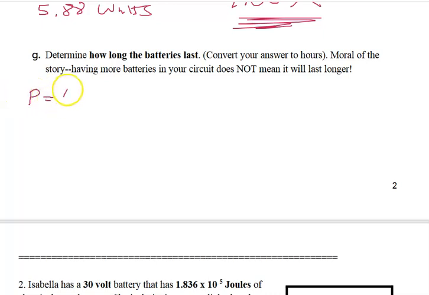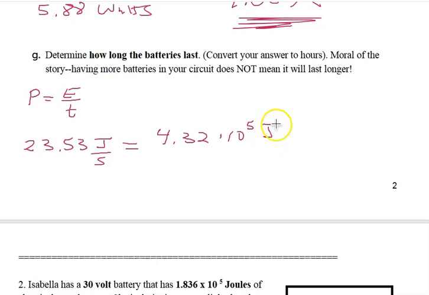Definition of power is energy over time, with a lowercase t for seconds. And we have 23.53 joules per second. I do have twice as much energy, right? Because I have 2 batteries and each battery has some energy stored. And we're going to solve that for time.